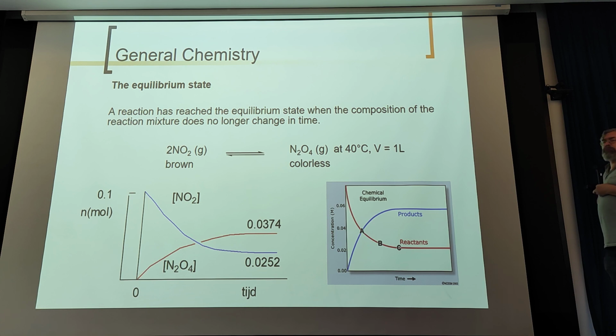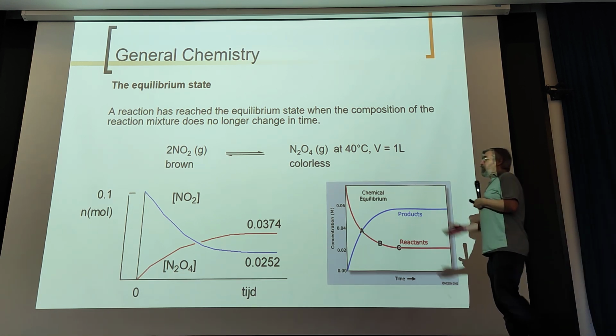Now, a bit more information about equilibrium states. We have reached the equilibrium state when there are no further changes of the composition of the reaction mixture. There's a certain amount of reactants, there's a certain amount of products, and that's it. We can wait as long as you want, but no further changes are going to take place.